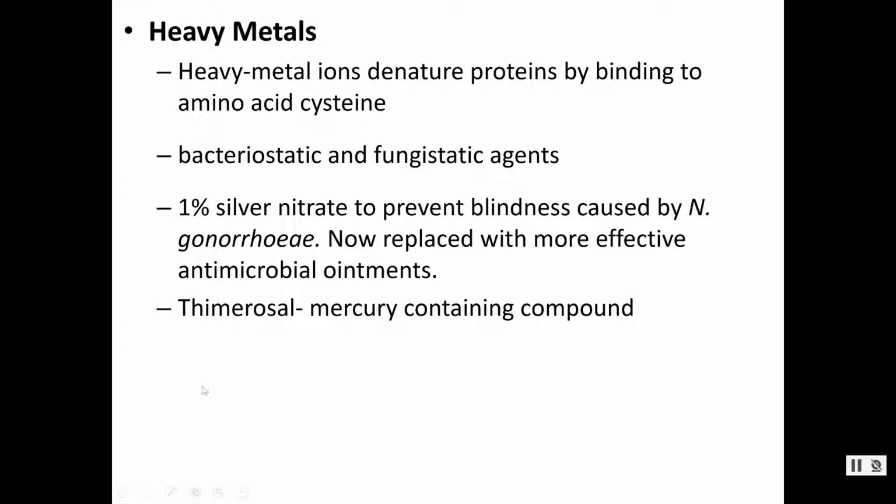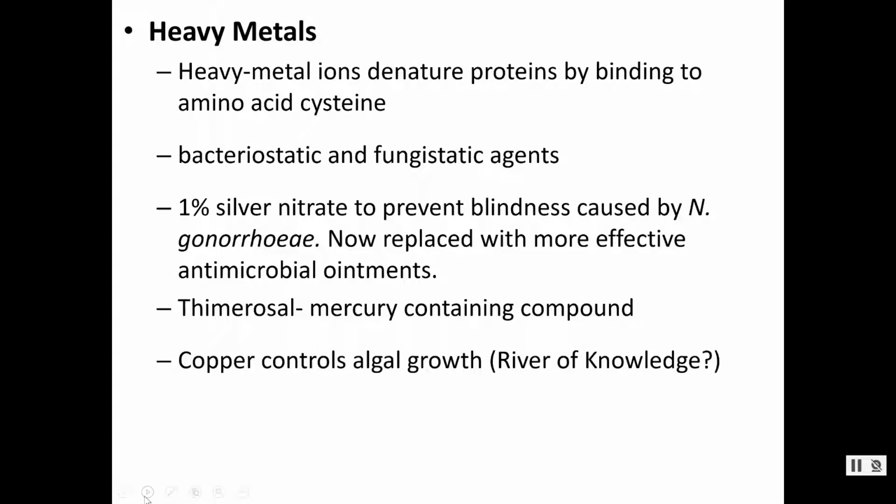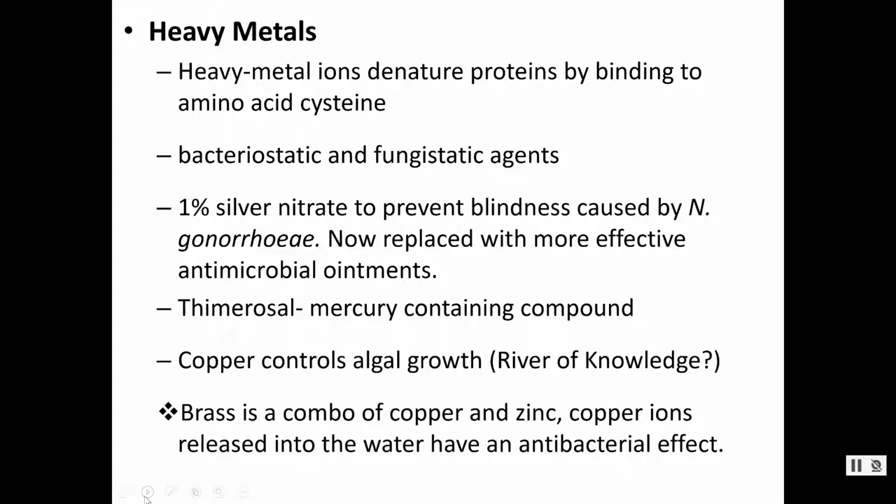So the heavy metal ions, and this brass is made out of copper and zinc, coming into contact with the water and with these pathogens, would denature the proteins in these bacteria. So they denature the proteins, they can't grow, and then they're going to prevent disease. So this is a natural disinfectant agent and way we can control microbial growth.